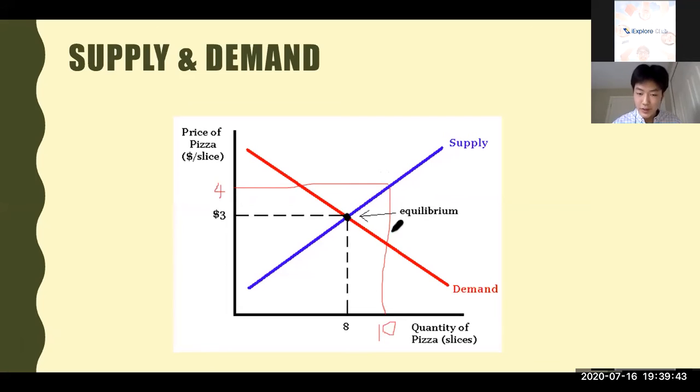Why? Because as you see this line, this red line, demand, the point vertical to this point, which is the price and amount the supply provides, is actually lower and not intersecting together, which means the demand will only ask for a price of $2 if there are 10 pizza slices sold.